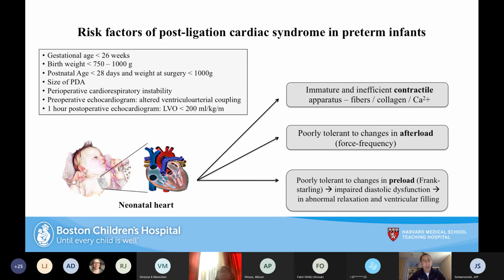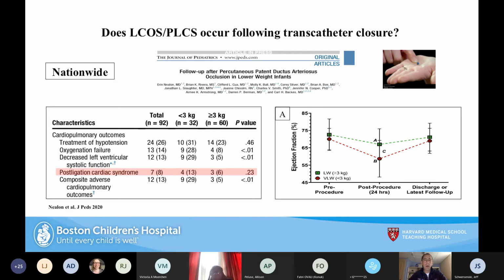We know that there are risk factors. We know if you're smaller, you're younger, you have hemodynamic instability prior, if you are more likely to not have a contractile response to increasing afterload and decreasing preload, all of that can lead to worsening post-closure or post-ligation cardiac syndrome.